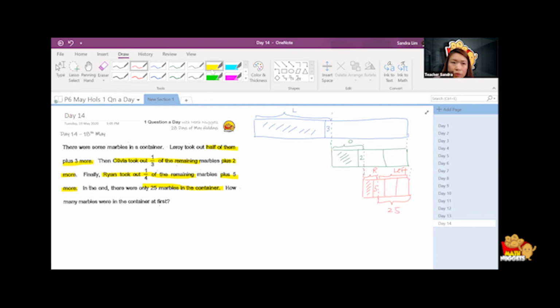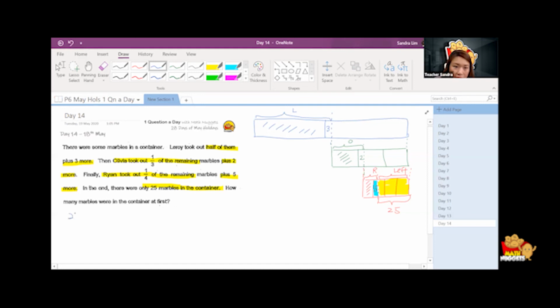Okay, so let me just color it in case some of you can't really see this. 25 is here. 5 is here. So can you see that 25 together with that 5, they make up 3 units there? You see, they make up the 3 parts, right?